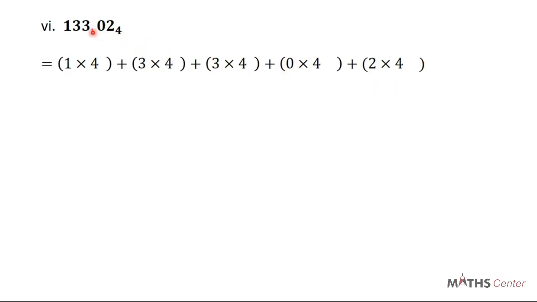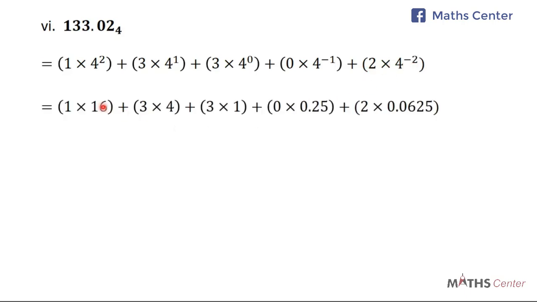Now since we have a decimal point here, you have to order for the whole number part, then you order for the decimal part. The whole number part will end here. The decimal part are the last 2 digits. So order for the whole number part. So we have 0, 1, 2. Then from here you order for the decimal part. The first one will be -1, then the next one will be -2. Then you continue with the simplification.